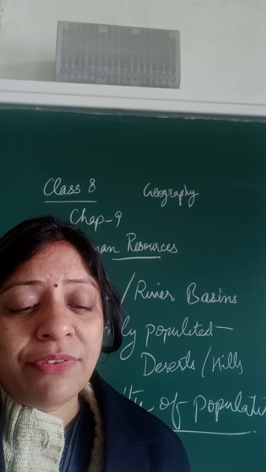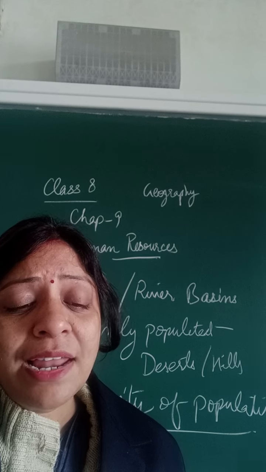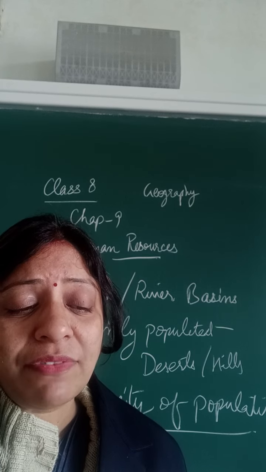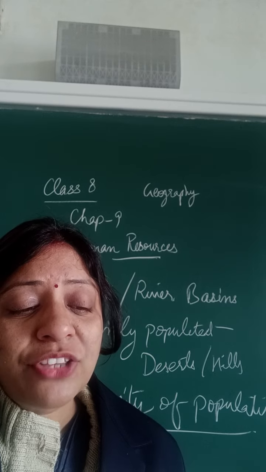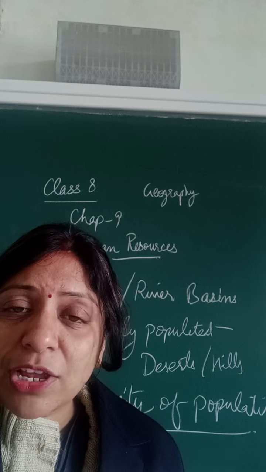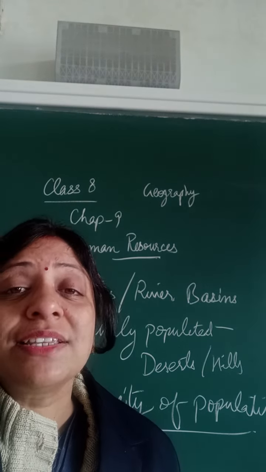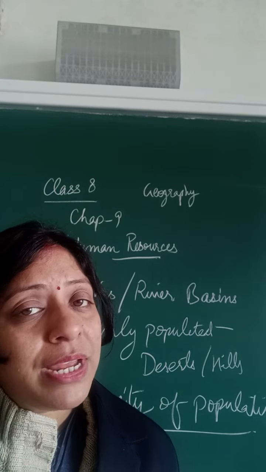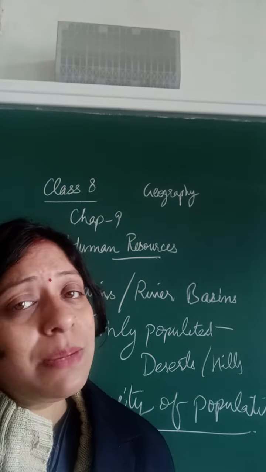In 2011, Delhi had a population density as high as 11,297 persons per square kilometer, while in Arunachal Pradesh, the density was only 17 persons per square kilometer. Why is it 17? Because Arunachal Pradesh is a mountainous area, and we have already learned that mountainous areas are thinly or sparsely populated.